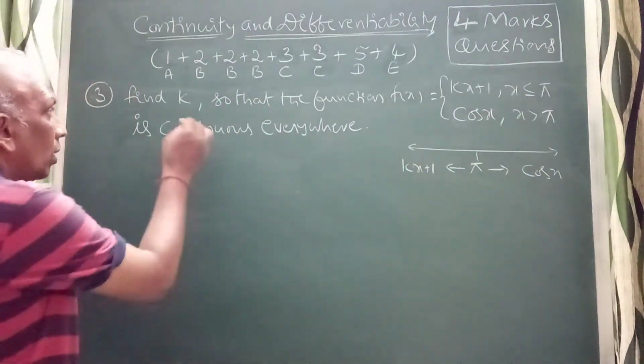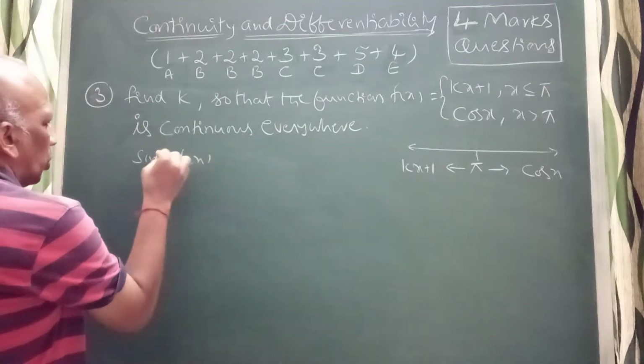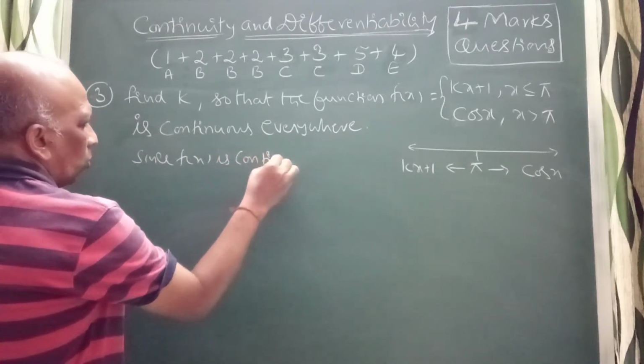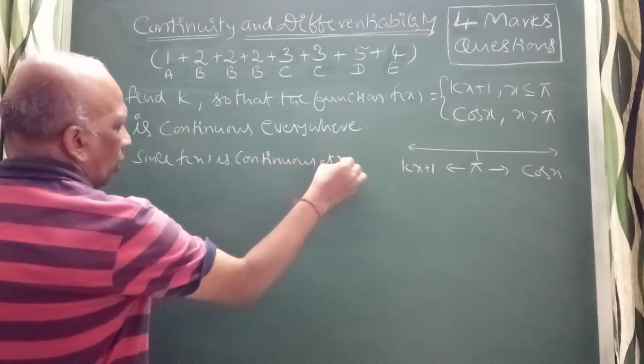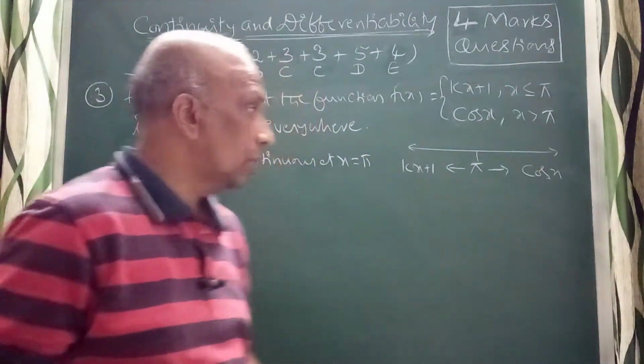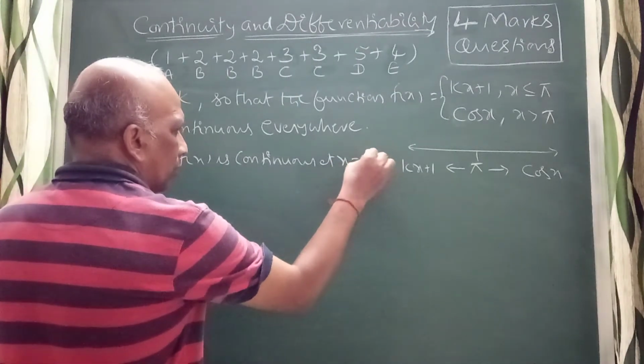Now I can write, since f of x is continuous everywhere, but they are separating here, consider pi. It is continuous at x equal to pi.